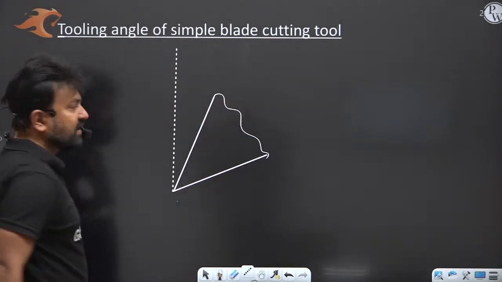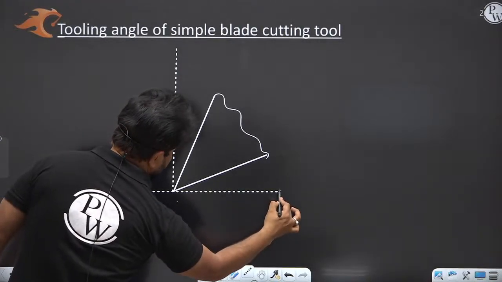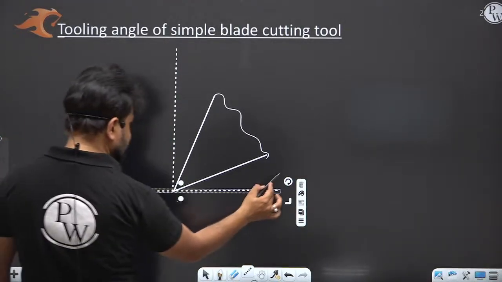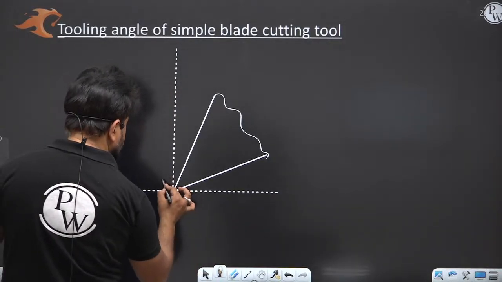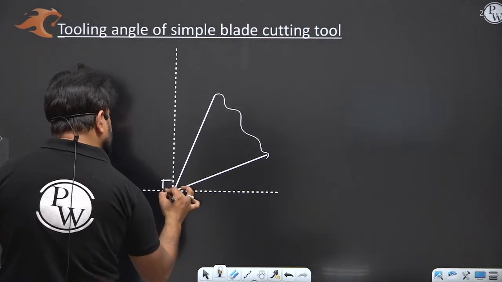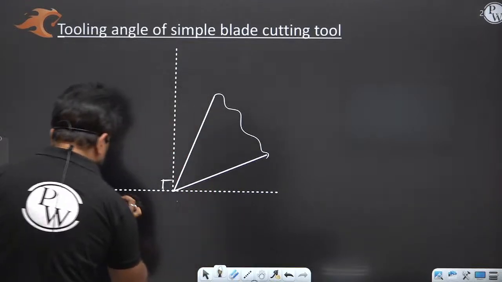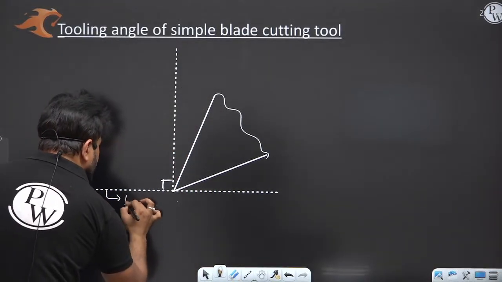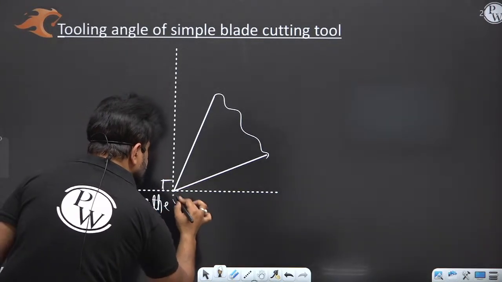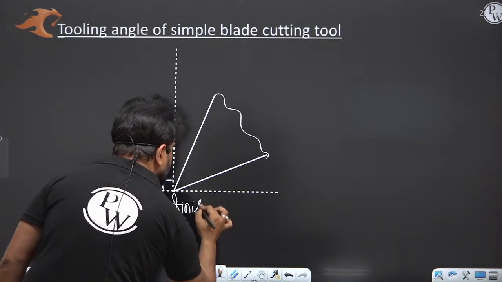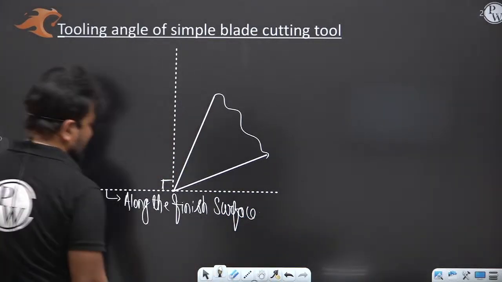Please see, this is a dotted line, and this line is along the finished surface, right? So this is perpendicular. This line is along the finished surface.